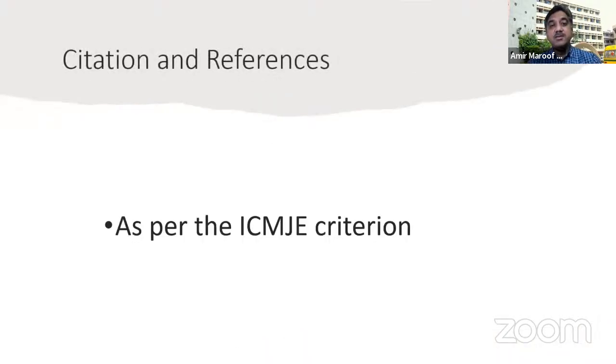Citation and references, we'll need to have another session on that in detail, but as per the ICMJE criteria, we write the references. You can use software also, but even when you use software, we find that students submit it directly to the thesis committee or protocol committee, and then we find that there are mistakes also.